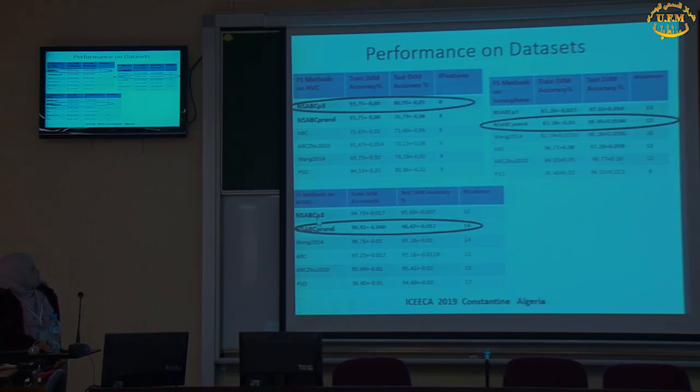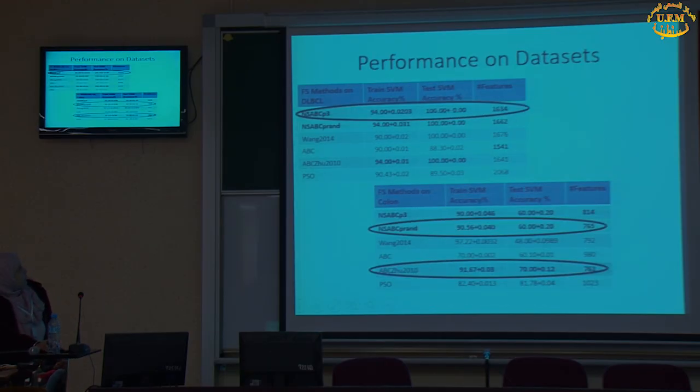The second variant, for WDBC and ionosphere, presents the best result in terms of accuracy and minimum number of features. For the DLBCL data set, we also have the best result obtained with par limit equal to 3 features, with the exception of the colon data set, where we have a better result obtained by artificial bee colony of Zhu 2010.